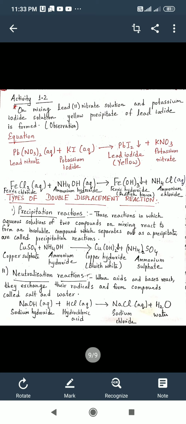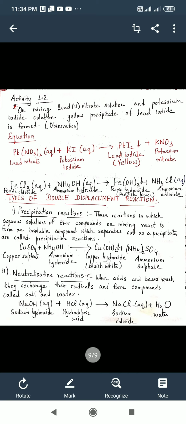There are two types of double displacement reaction. One is precipitation reaction, which we have studied already. Second is neutralization reaction. You must have heard in lower classes about acids and bases. When acids and bases are mixed, for example hydrochloric acid is mixed with sodium hydroxide solution, mutual exchange of ions takes place, resulting in salt and water.